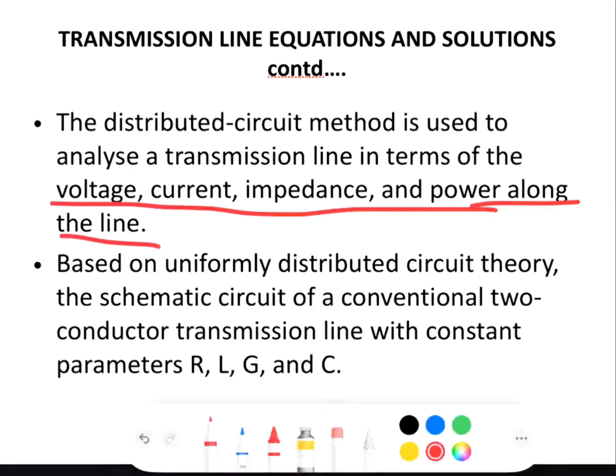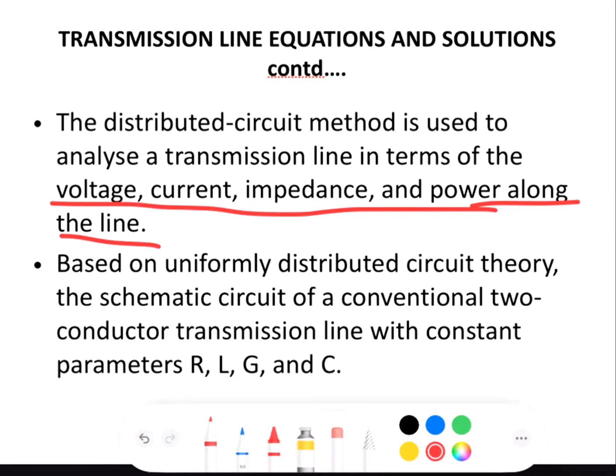Okay. Next, based on the uniform distributed circuit theory, the schematic of the conventional two-conductor transmission line with constant parameters R, L, G and C is considered, where R is resistance, L is inductance, G is conductance and C is capacitance. In this derivation, we are making use of the distributed circuit method to analyze the transmission line.